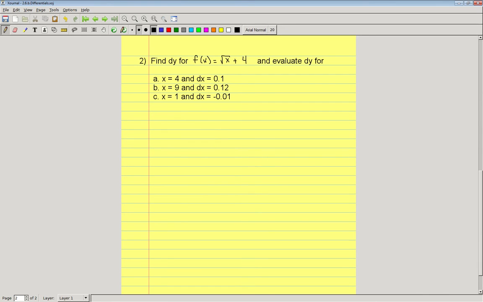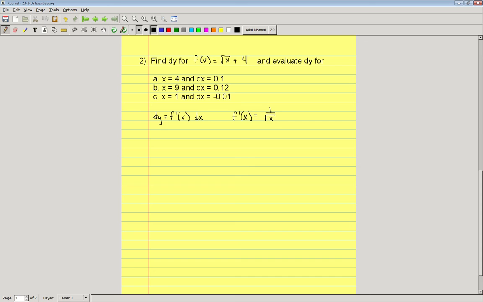Let's look at one more example. We still want to use our expression for dy, so let's recopy it here. dy equals f prime of x dx, which tells us that we need to determine the derivative of our function f. So let's write down f prime. From a previous lecture, we recognized that the derivative of the square root of x is 1 over the square root of x, and the derivative of a constant is 0.